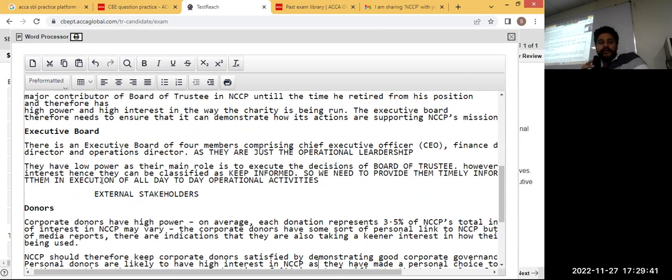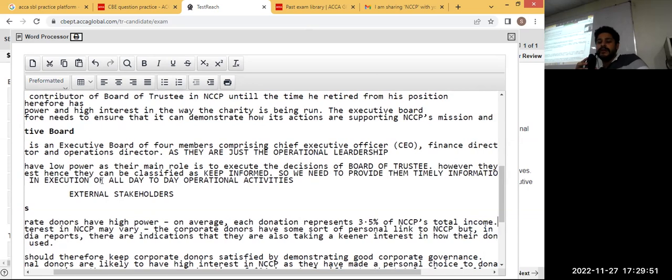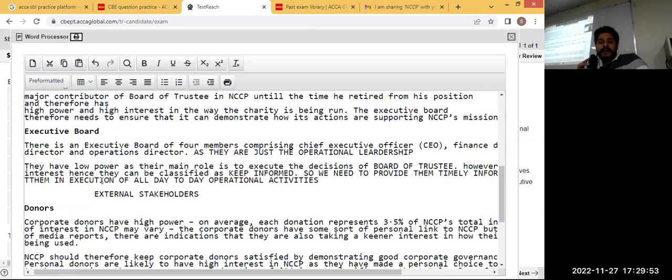Then it says donors. Corporate donors have high power. On average, each donation represents 3.5% of NCCP's total income. Level and interest in NCCP may vary. Now, there are two types of donors: corporate donors and personal donors.